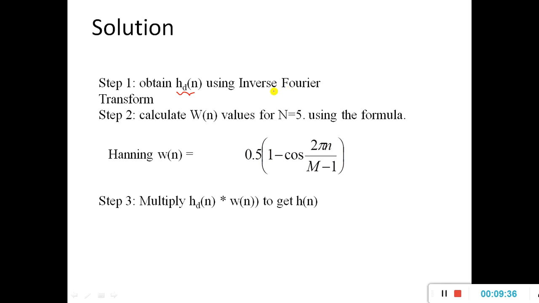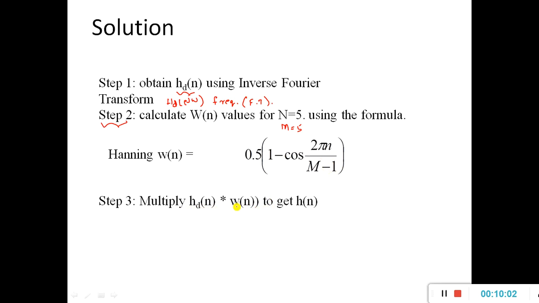Hd of n is nothing but an inverse Fourier transform. It is already given in terms of Hd of e to the power of j omega, that is the frequency response, or I say a Fourier transform. We are already done with step 2, that is we have calculated the Wn values for m equal to 5.